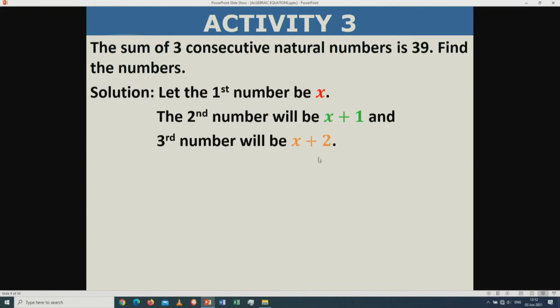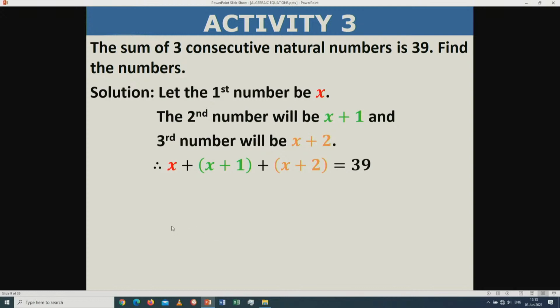So the sum of these three numbers must give us 39. Now let's set up the equation. This is the equation: x plus x plus 1 plus x plus 2 will give us 39. Right.